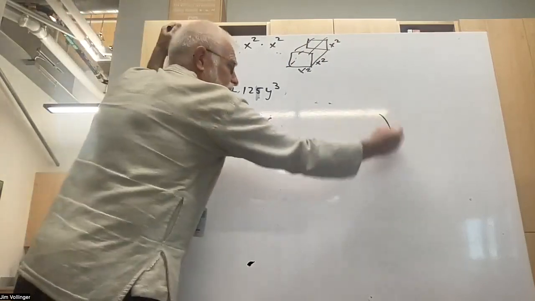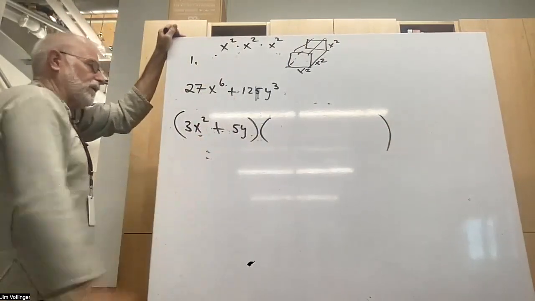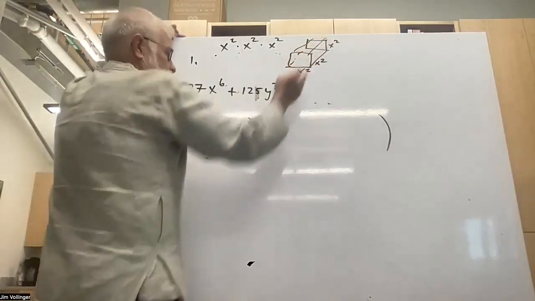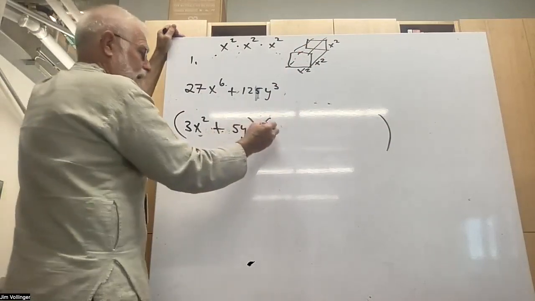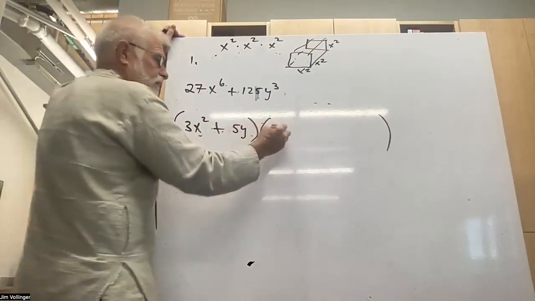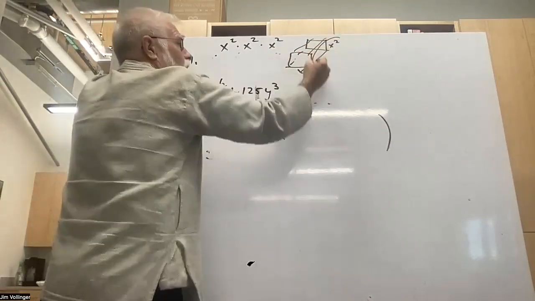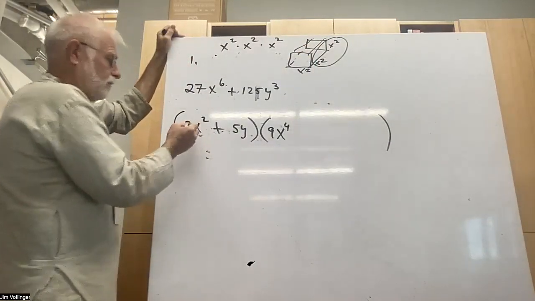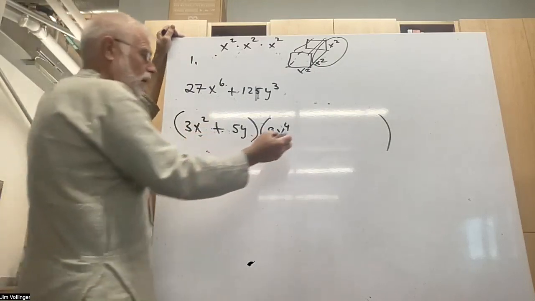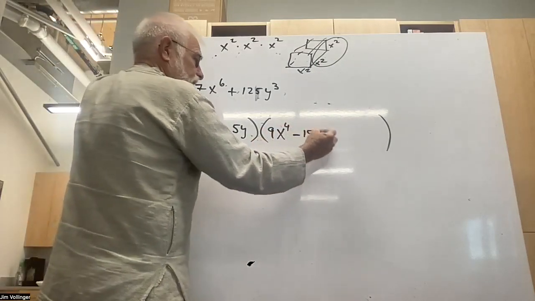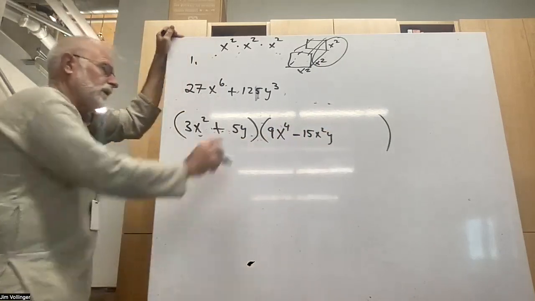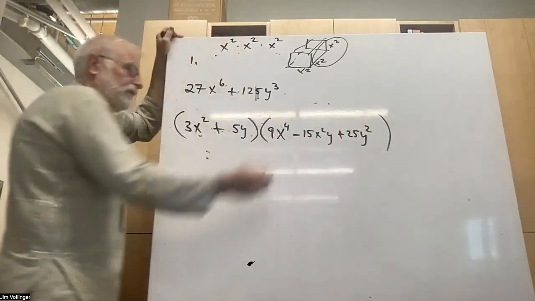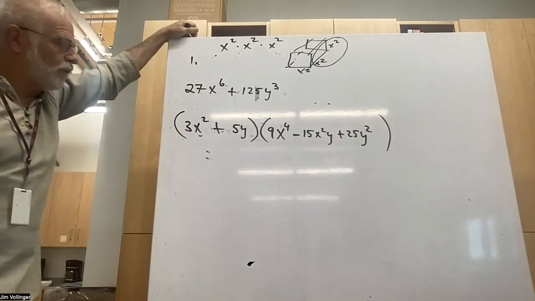And now we're going to build that second parentheses off of these numbers. So we've got 1x squared. We need x squared times x squared here. So we need the 9 to get to the 27, and we need x to the 4th. Those 2 multiplications. And now we've got to multiply. We got 15x squared y. So it's minus 15x squared y. Squaring the last term, 25y squared. You multiply this out and you get a cancellation of 4 terms.